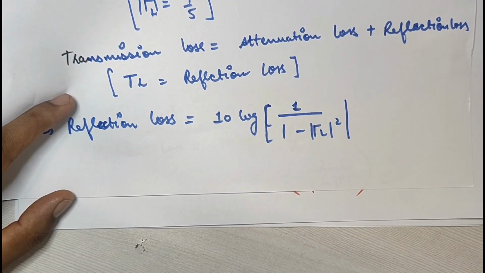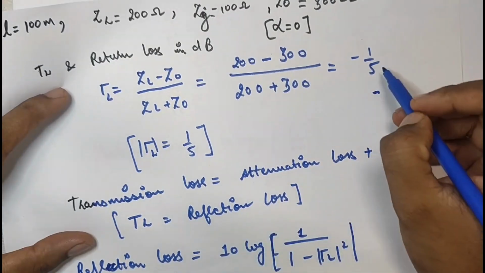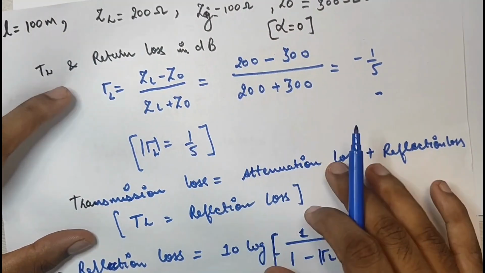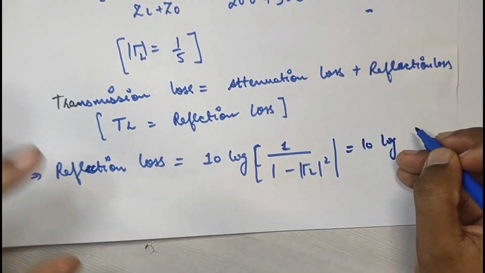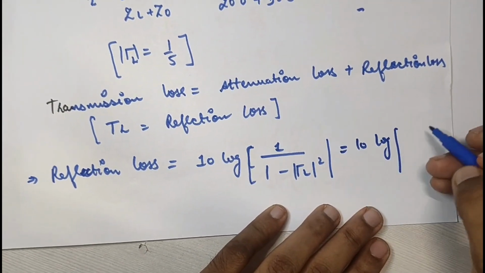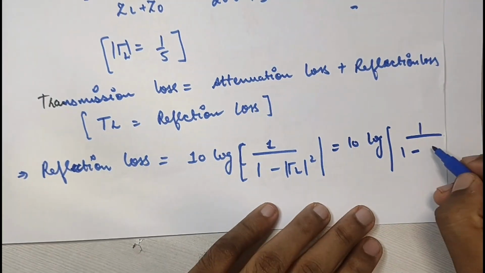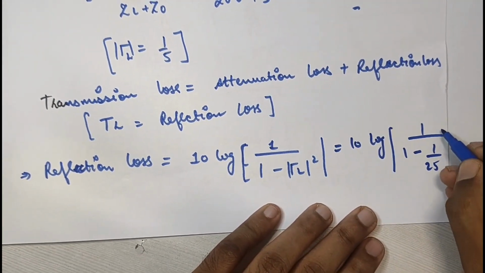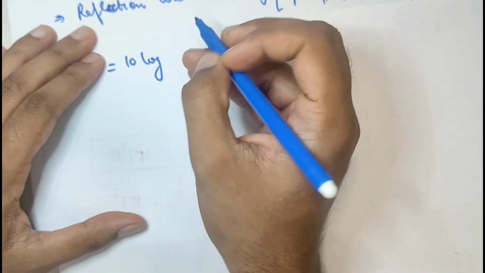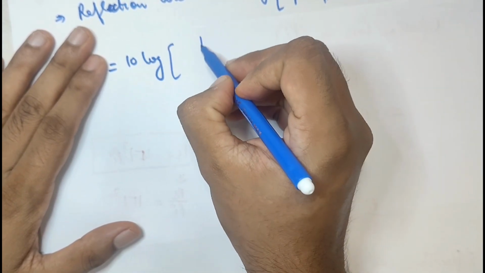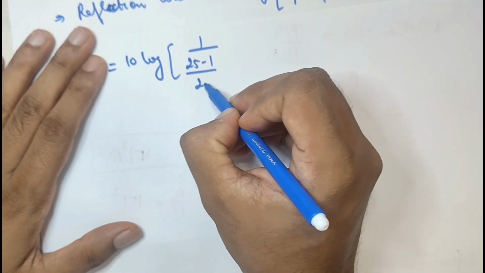Now we will try to substitute the values. We have calculated the value of the reflection coefficient. So this is 10 log 1 upon 1 minus (1 by 5) squared, that is 1 upon 1 minus 1 upon 25.